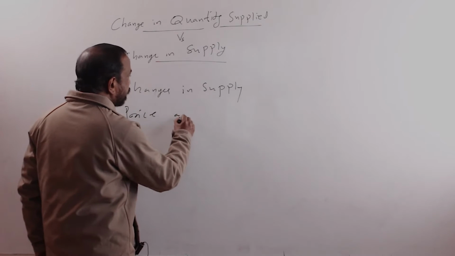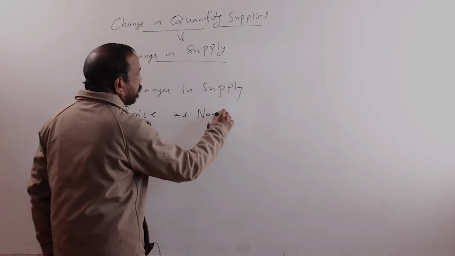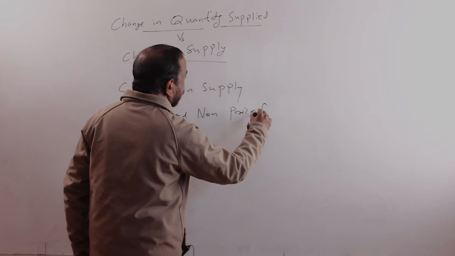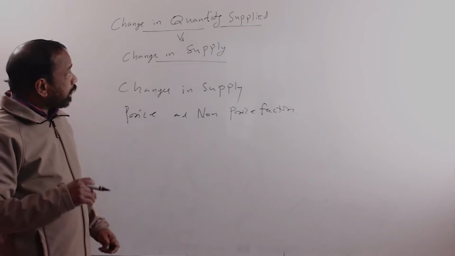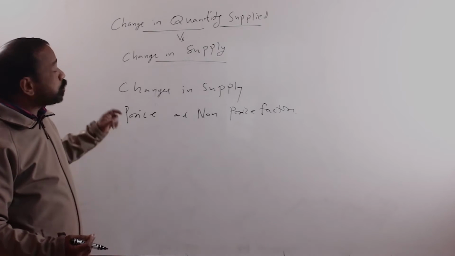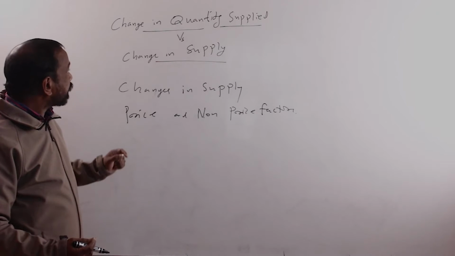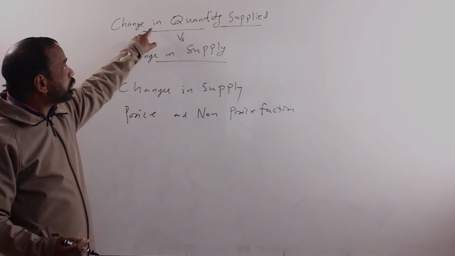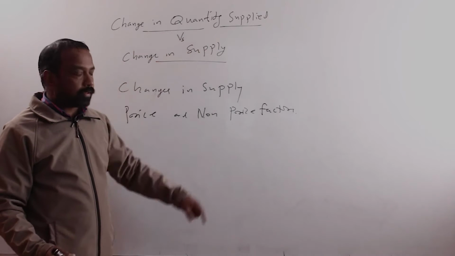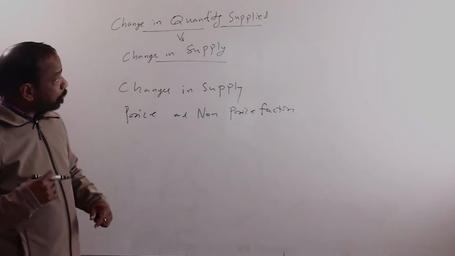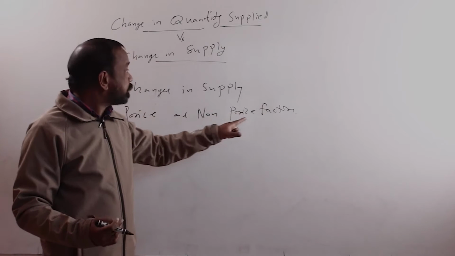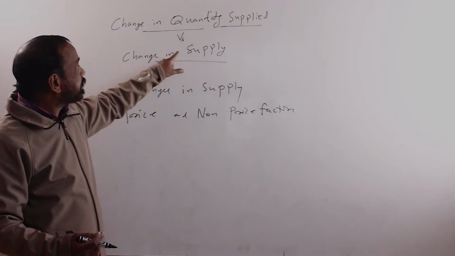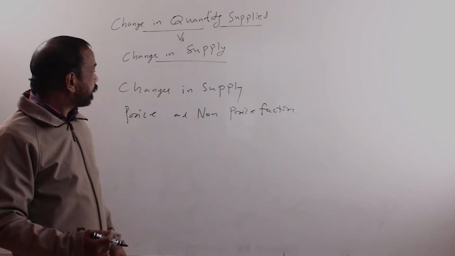When the supply of a commodity changes due to a change in price, it is known as change in quantity supplied. When the supply of a commodity changes due to non-price factors, it is known as change in supply.